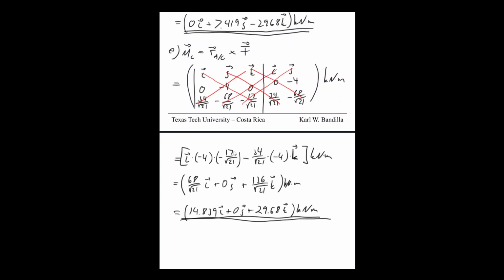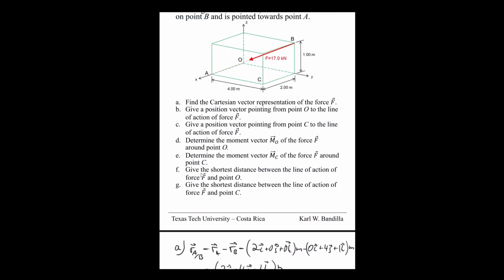So that's our moment around C. Let's see what else we have to do. So that was the moment. Next we are asked for the shortest distance from the line of action to the point O and then to C.